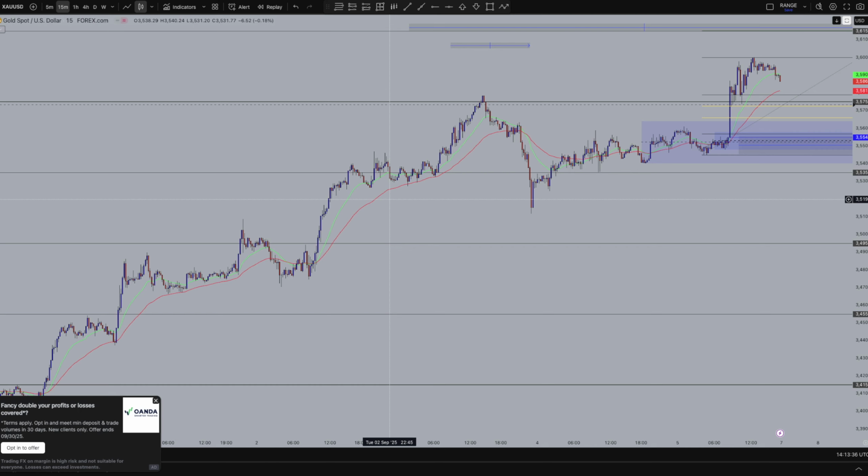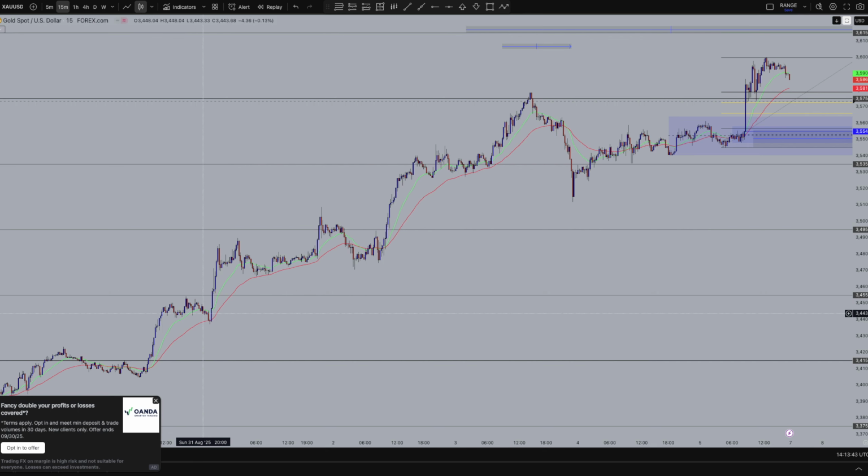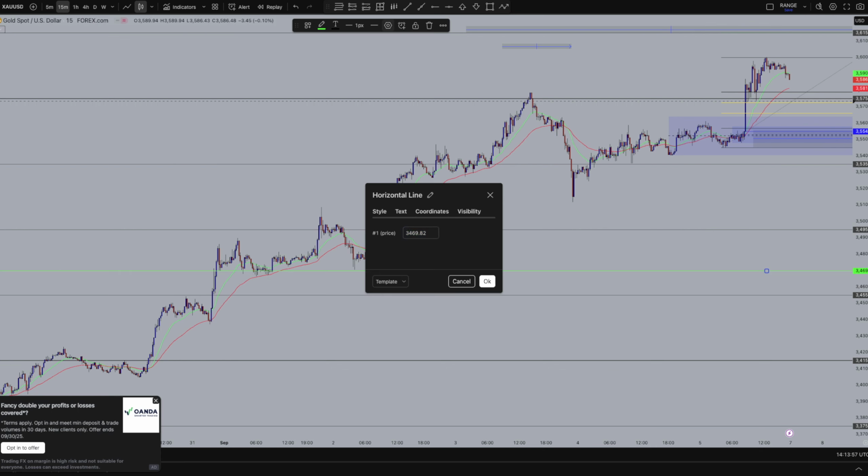Another thing that you can often see is here you have bullish price, which didn't touch the top end of that range, right? So you can incorporate something like a fib, or you can also look at where the midpoint of this would be. 34.55 would be 34.75, right?